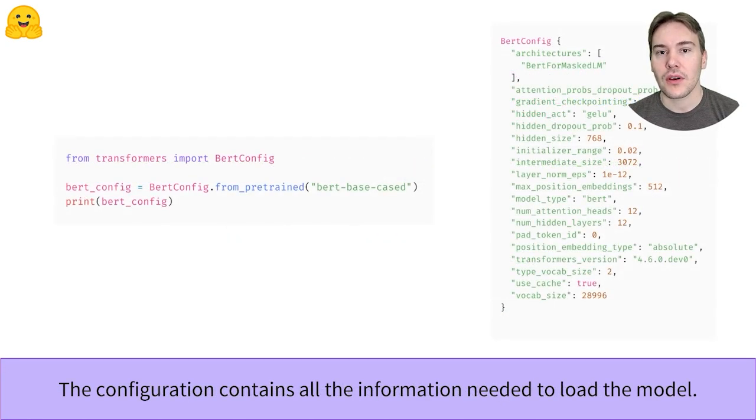As we said before, the configuration of a model is a blueprint that contains all the information necessary to create the model architecture. For instance, the BERT model associated with the bert-base-cased checkpoint has 12 layers, a hidden size of 768, and a vocabulary size of 28,996.